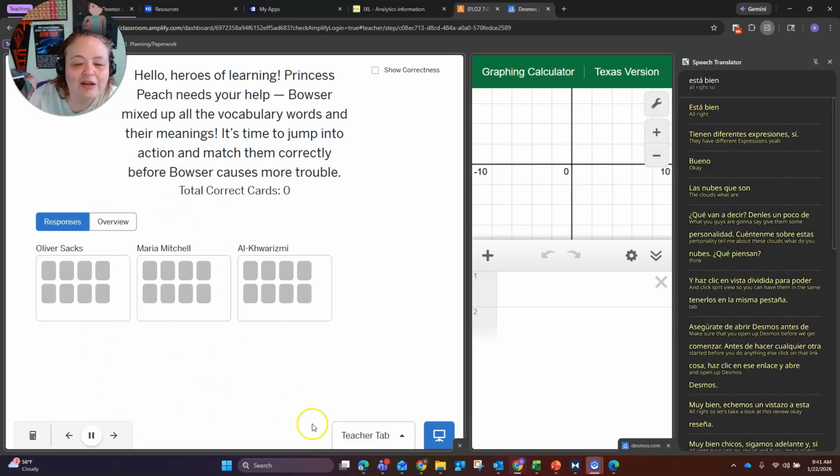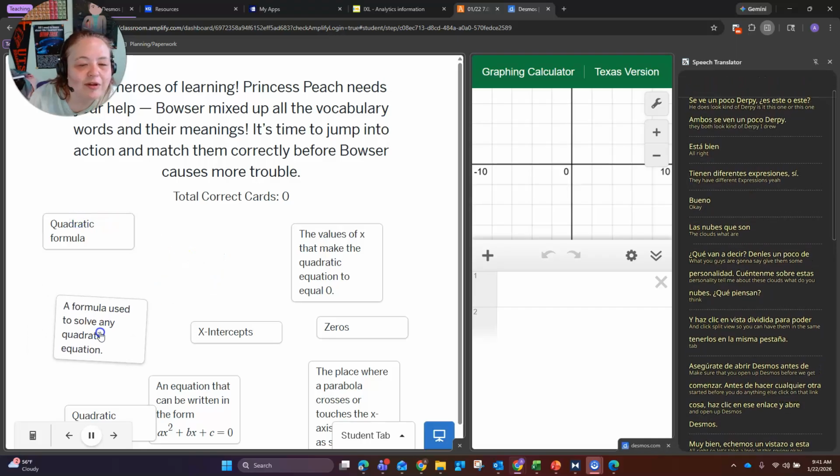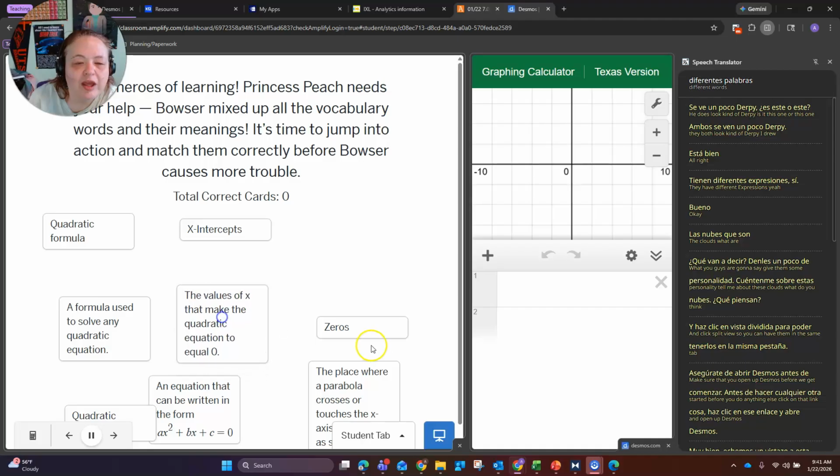All right, let's go ahead and do the vocabulary. We have different words here. We have quadratic formula, we have x-intercepts, we have zeros, and we have quadratic equation.